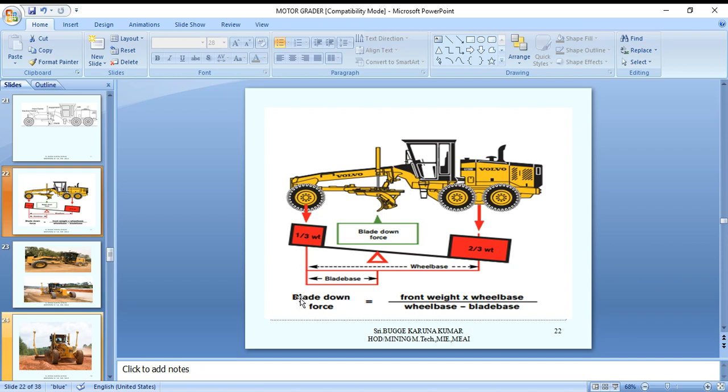This is the blade weight force on the ground. So it can be easily understood. Front weight we can take as the front weight, multiplied with the wheelbase from here to here, divided by the overall wheelbase minus blade base, so that we will get the force acting on the particular location.